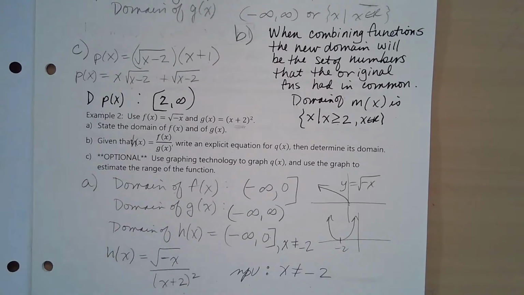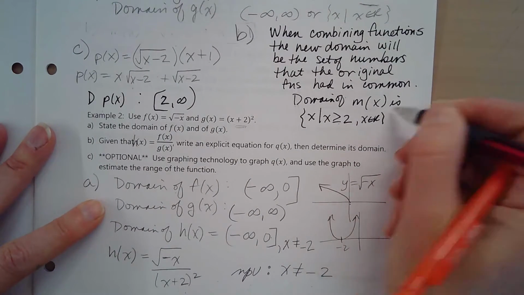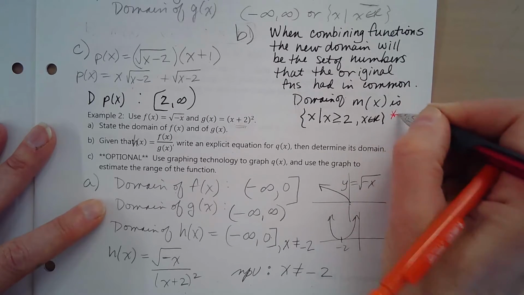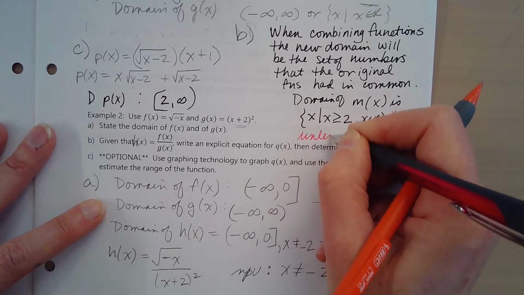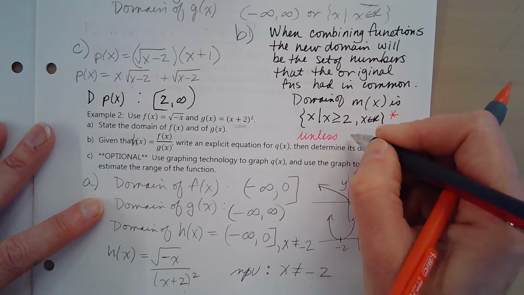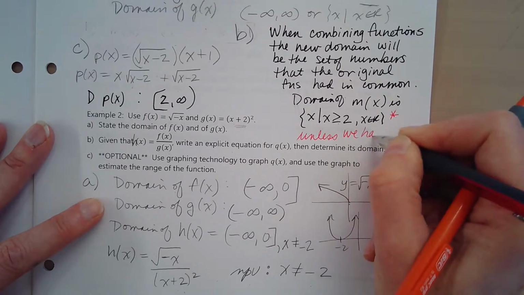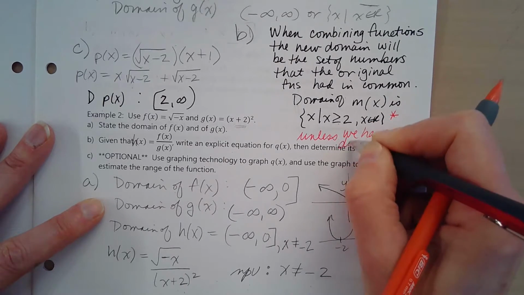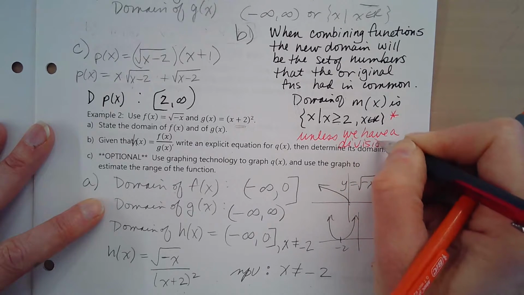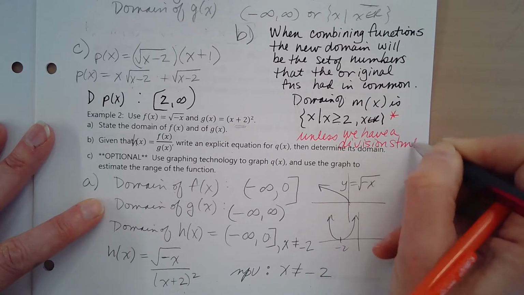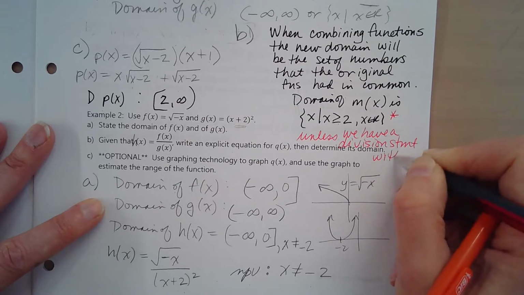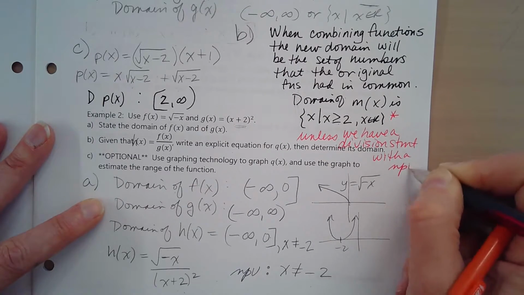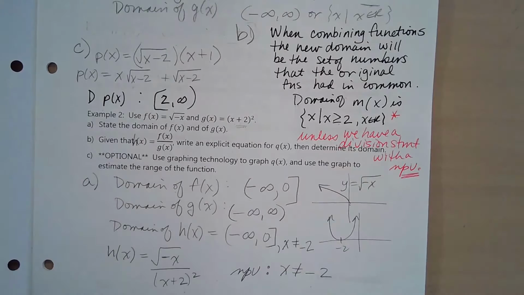That's a really good point, unless we have a division statement with a non-permissible value, right?